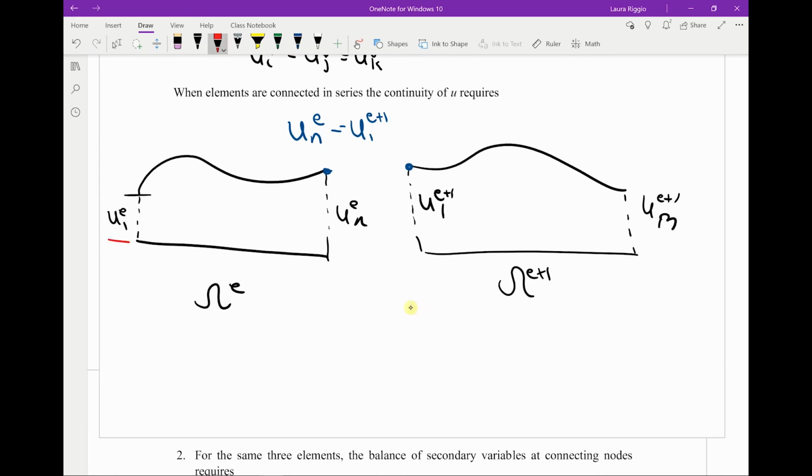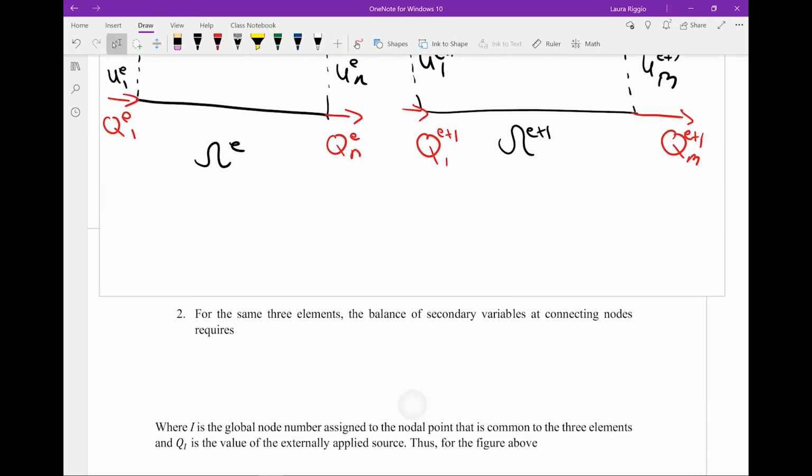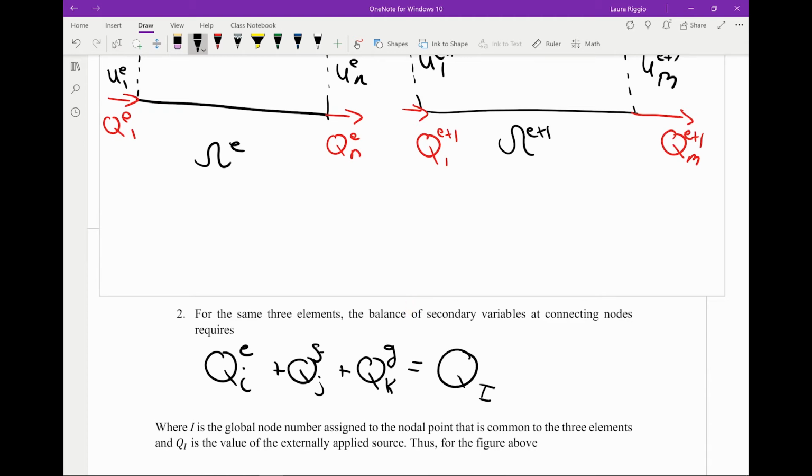I also have a Q1 on this side, a Qn on this side. I have a Q1 of E plus 1 on this side, and I have a Qm on this side. So the second condition that we're going to look at, for the same three elements that I said previously, is that we need a balance of secondary variables. So Qi of element E plus Qj of element F plus Qk of element G is going to be equal to Q big I, where I is my global node number.